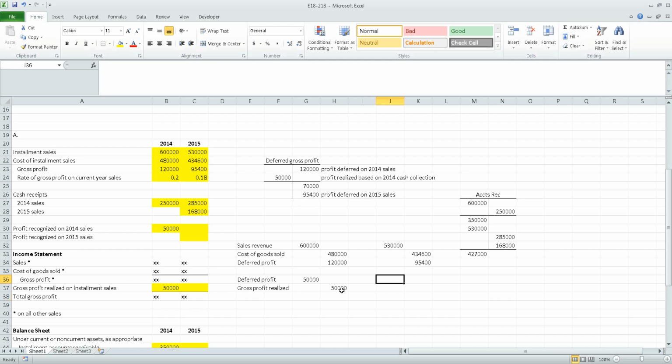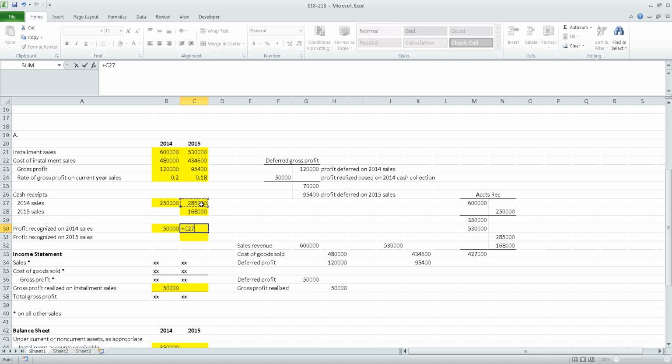Okay, and now the next thing I need to do is figure out how much profit we need to transfer out of this deferred profit account over to the income statement. Here's how we're going to do it. There are two parts of the calculation. We have to calculate how much profit on 2014 sales to recognize and how much profit on 2015 sales to recognize. The amount of profit on 2014 sales, we calculate by taking the cash collected in 2015 on 2014 sales. That's this $285,000.